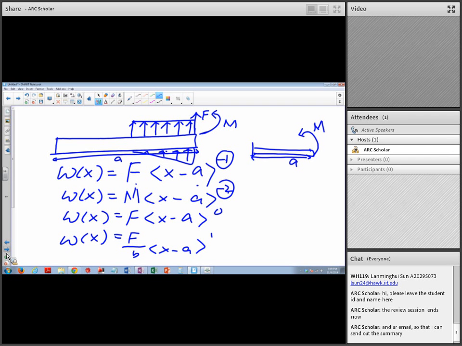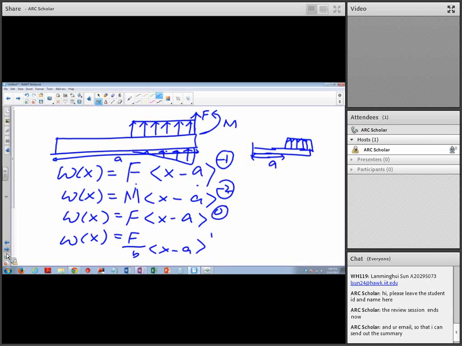So when it's a distributed load, it looks like this, and A is the starting point, the distance to the starting point. Okay, and now the power is 0.